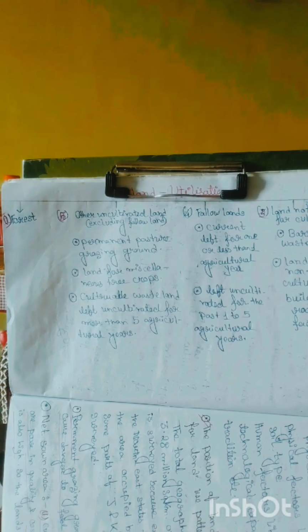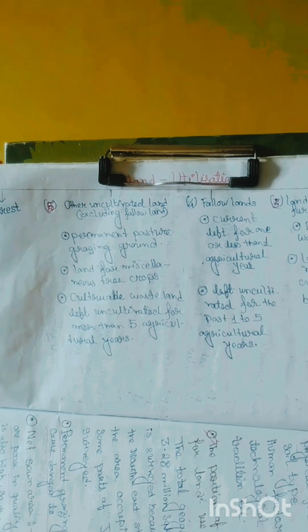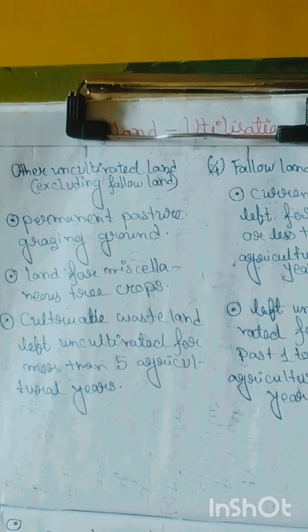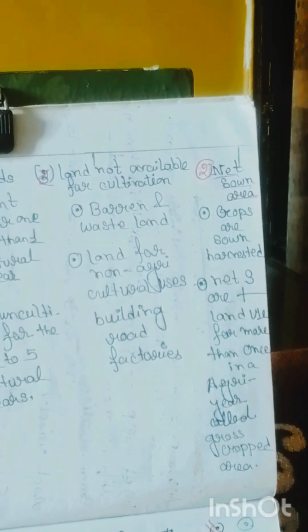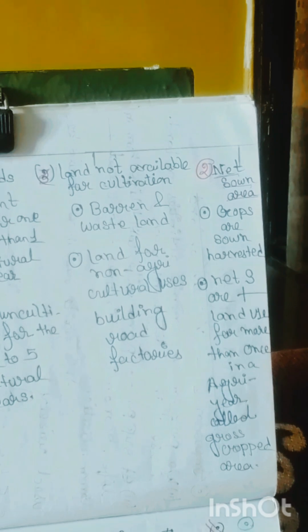Now the land utilization. How? I am showing you in a chart the land utilization. The first category of land utilization is forest. The second one is net sown area. Under net sown area, you will get the crops, where the crops are sown and harvested.